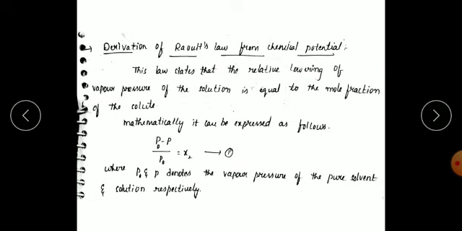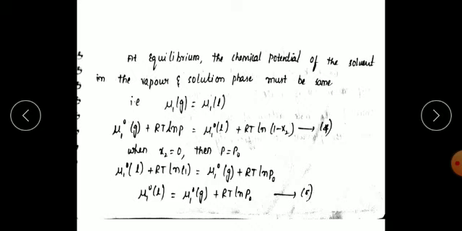In this case X2 equals 0, we get P0 minus P equals 0, then P0 equals P. In this way we replace P with P0 from the X2 equals 0 condition.